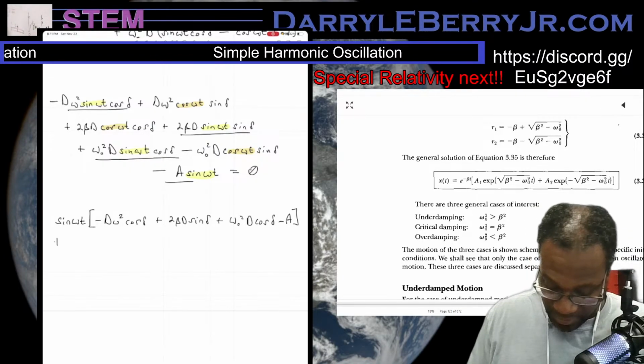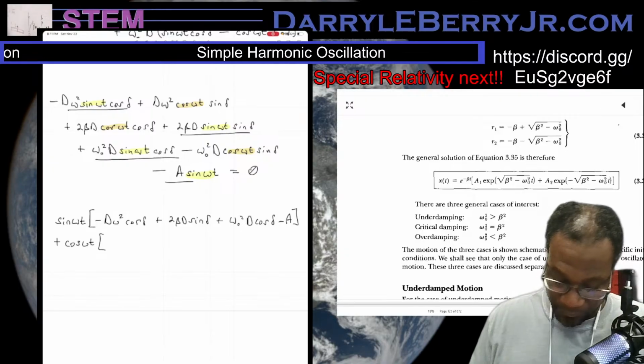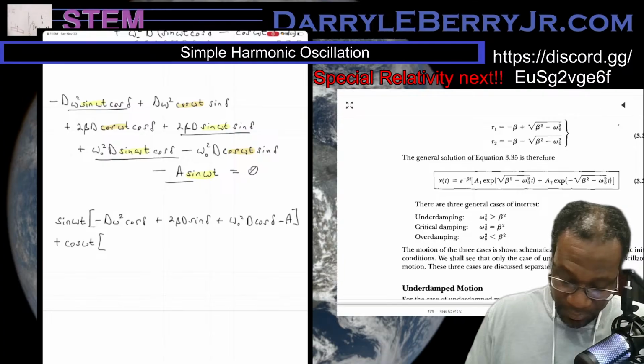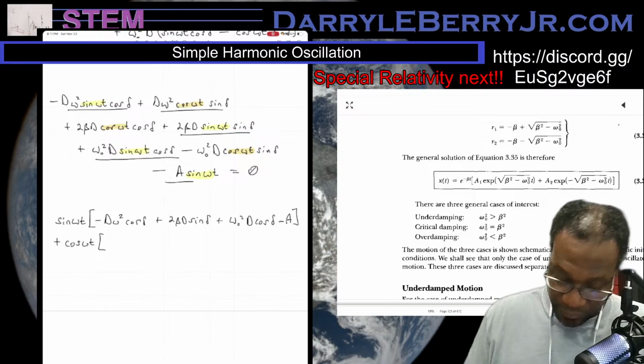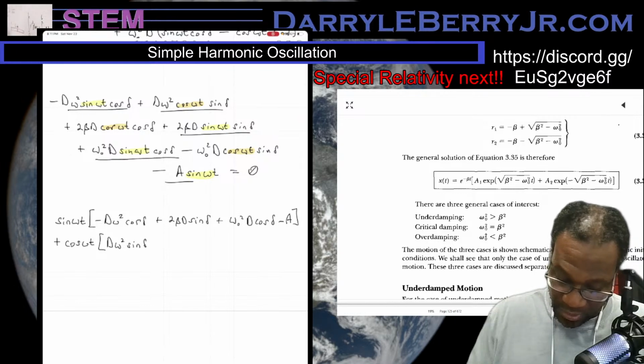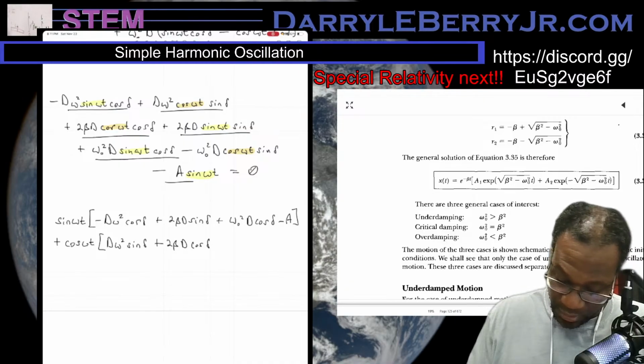Then I have plus cosine omega t, getting the other cosine omega t out since we're looking at the particular solution. So I have this one here. So that's d omega squared sine delta. I have this one here, plus 2 beta d cosine delta.